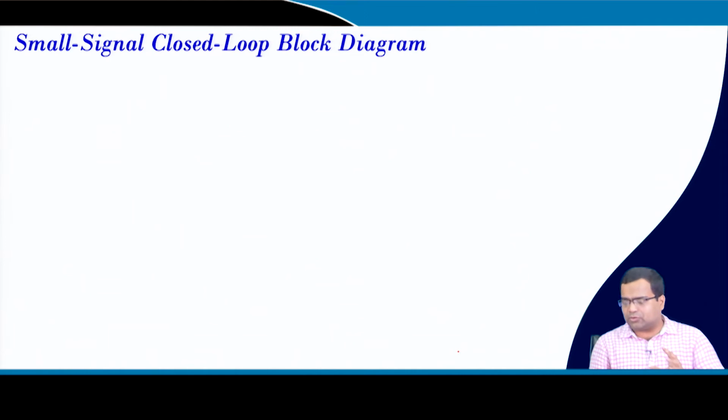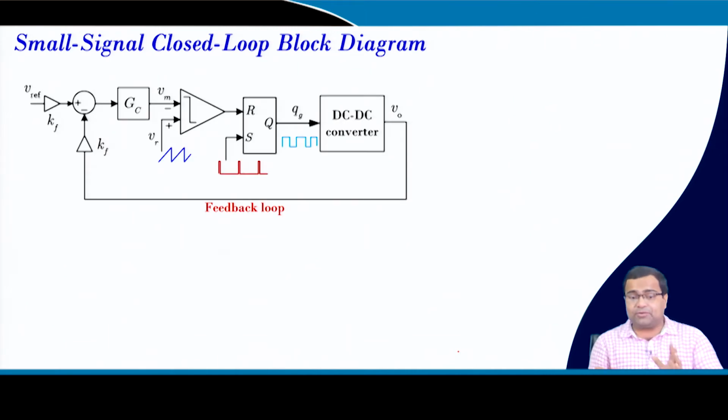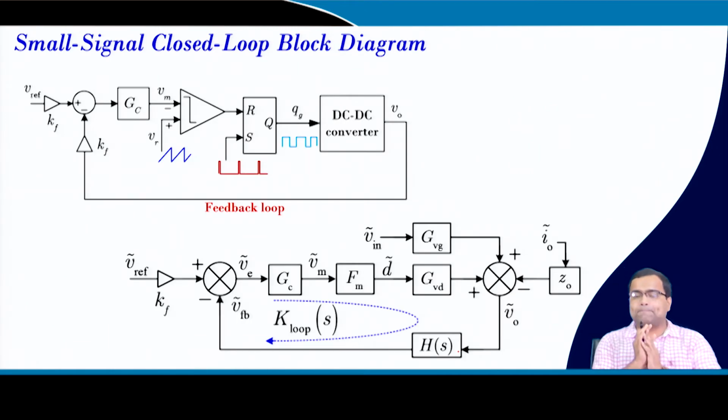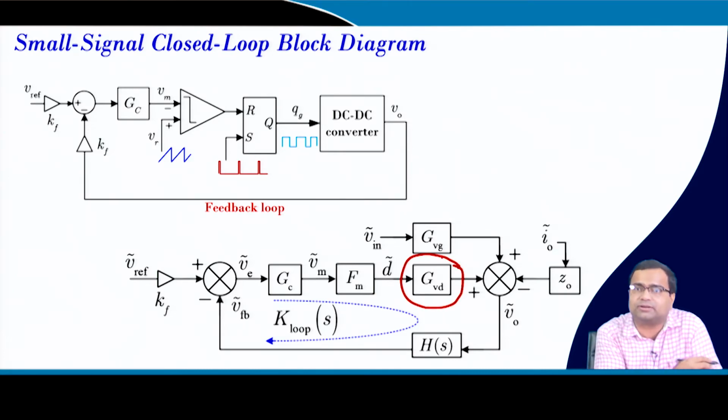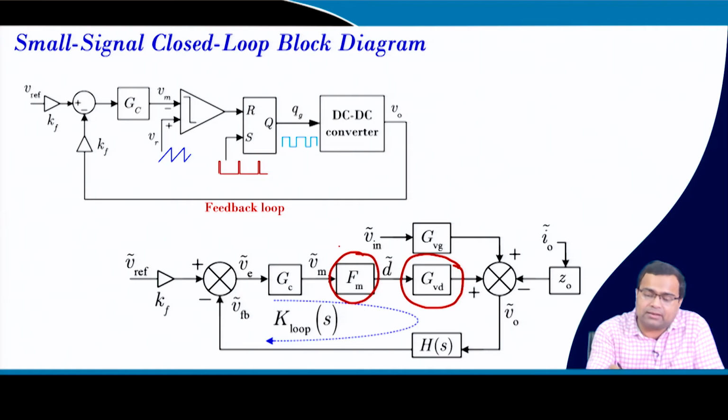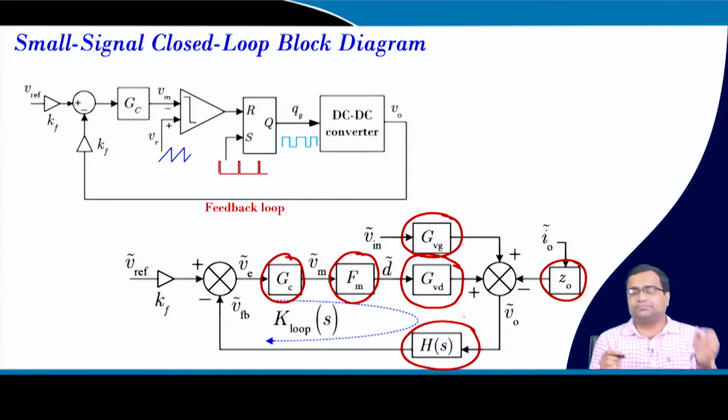So, the small signal closed loop block diagram, if you draw this feedback block diagram: this GVD we have already discussed, the control to output transfer function, modulator gain, then controller transfer function, then this is audio susceptibility, output impedance, this is our feedback, that means sensor.